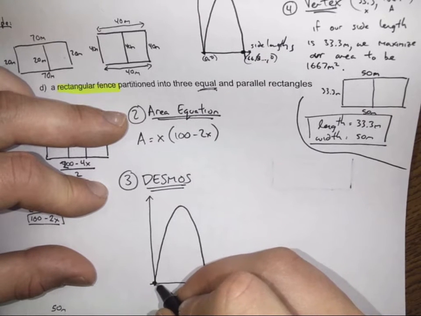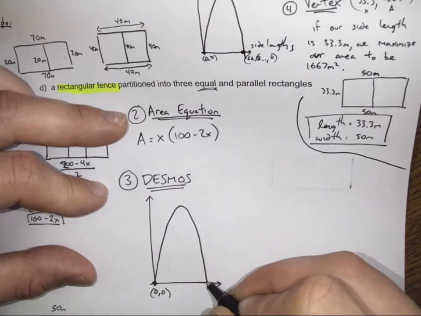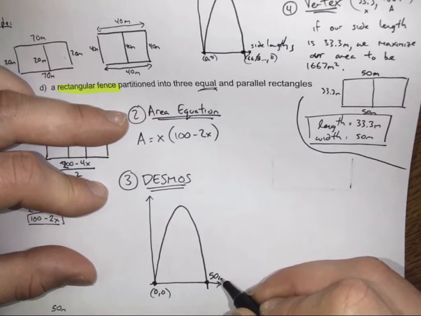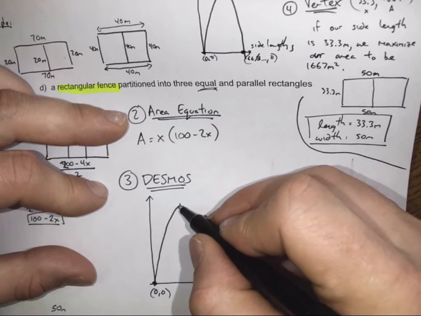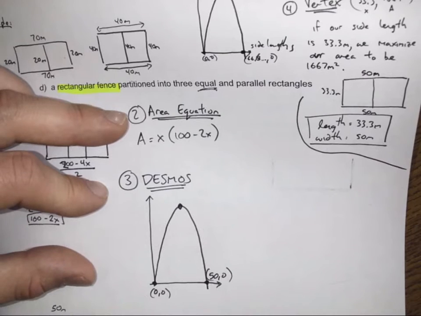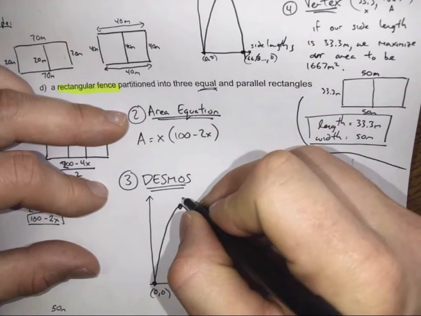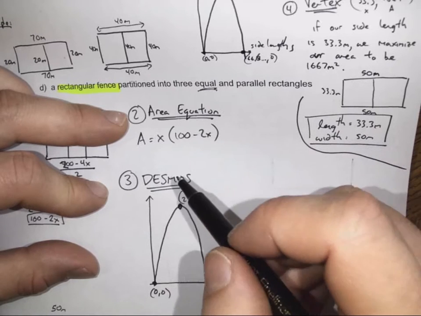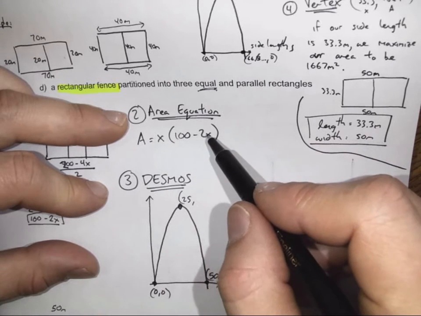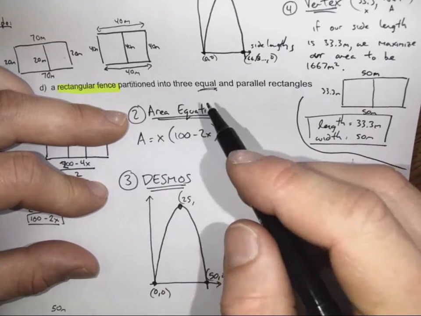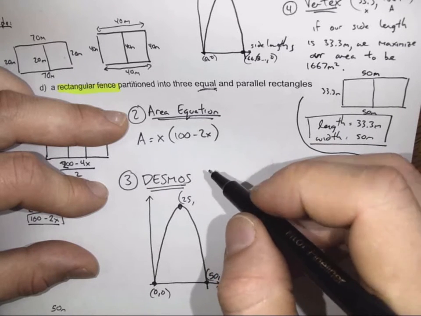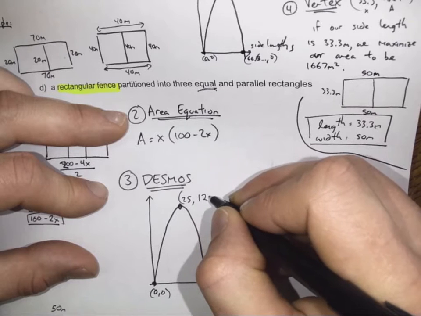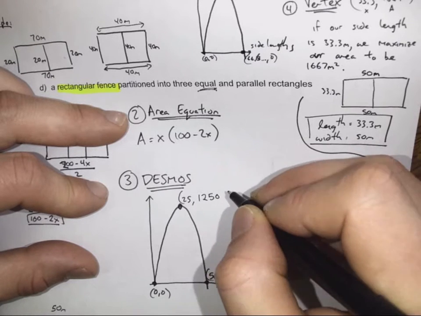Okay, so we end up with some points here, 0, 0, and a point here at, I guess that'd be 50, 0. And this guy here would be at, pardon me, 25 and 25 times 100, take away 50. 25 times 50 is 1,250, I think.